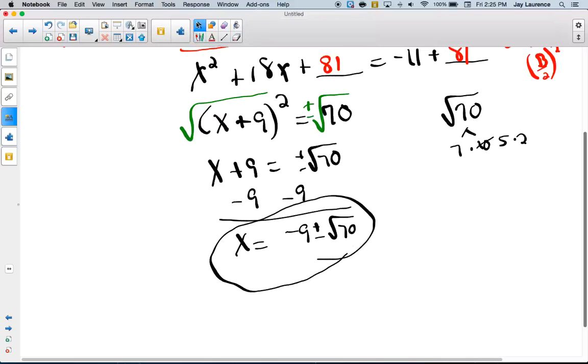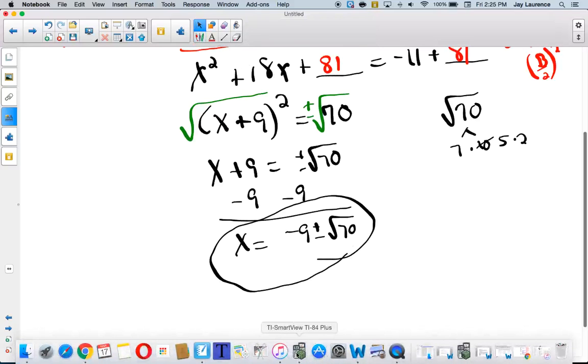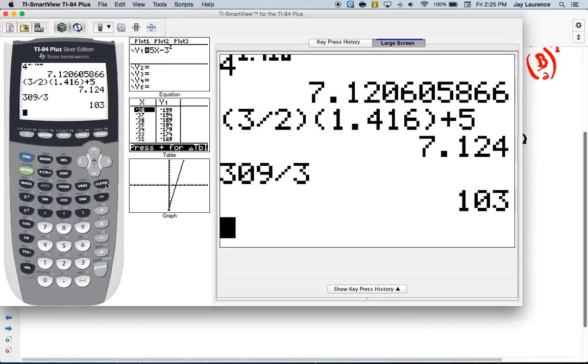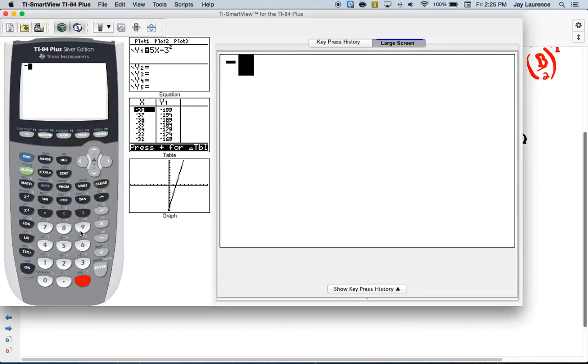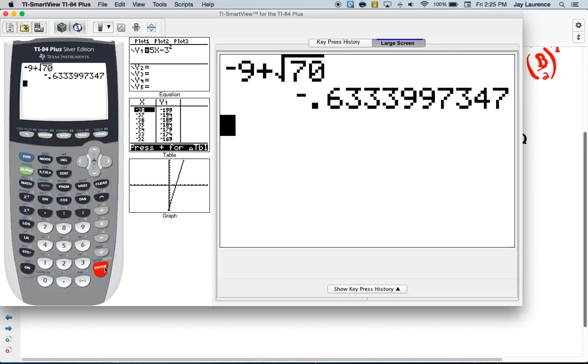So if I really wanted to get the decimal approximation, I'd pop open my calculator, and I would do negative 9 plus the rad of 70, and there we go, a negative, oh, that doesn't seem right. Hold on. Oh, of course, did I say 6 something? I hope I said 8 point something before when I was estimating, because I was thinking of 64.